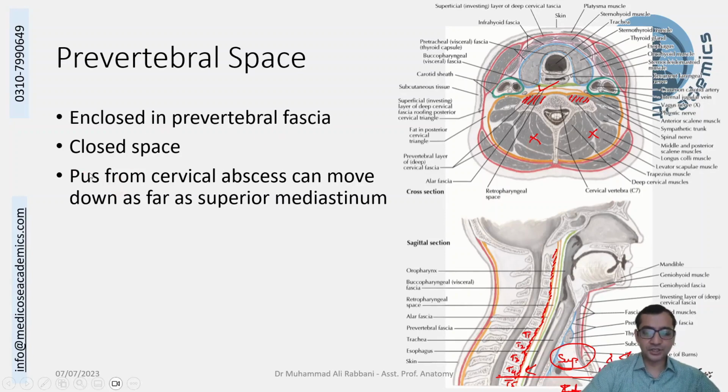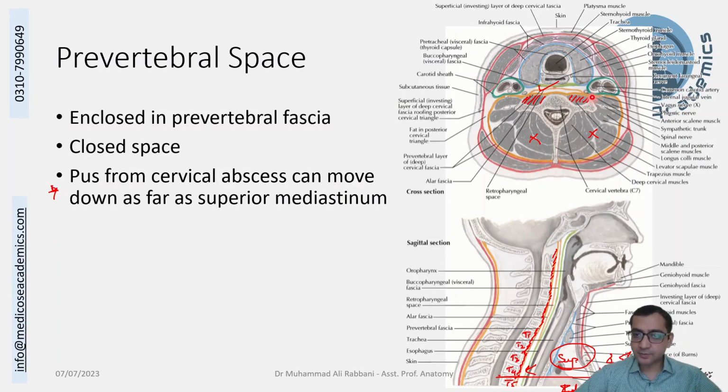Unless and until this fascia is ruptured, or what happens? Usually, like in tuberculosis, there is an inflammation of the vertebra, and the pus starts to ooze out into this space, trickles down and moves down to this point, and it stops trickling down because the fascia is fusing right here.